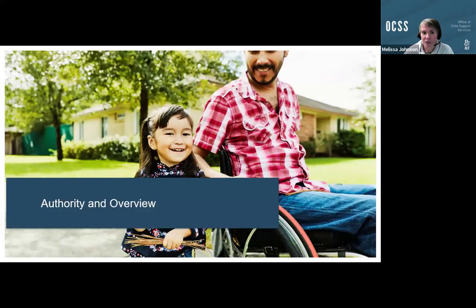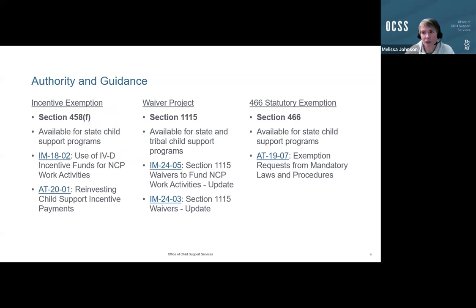So as I mentioned, we're going to start with just an overview of the authority and guidance. State child support agencies receive incentives based on their performance in 5 measures, and these funds must be reinvested back into your child support program, or they can be used for activities that will improve the state's child support program. In the column on the far left, you can find additional information on the incentive exemptions.